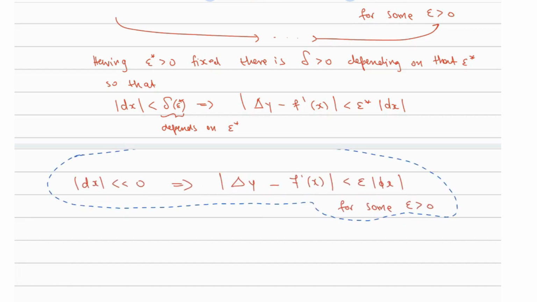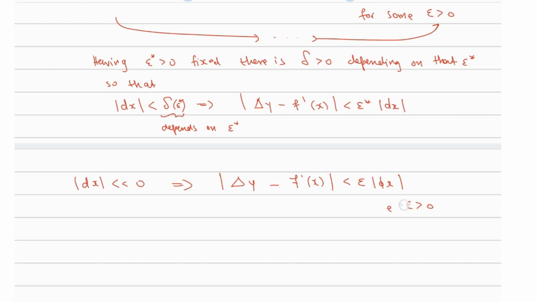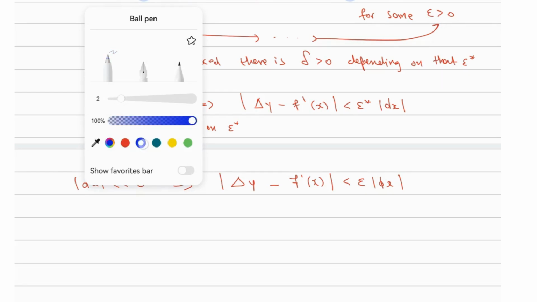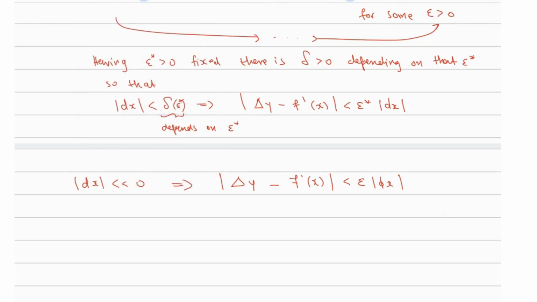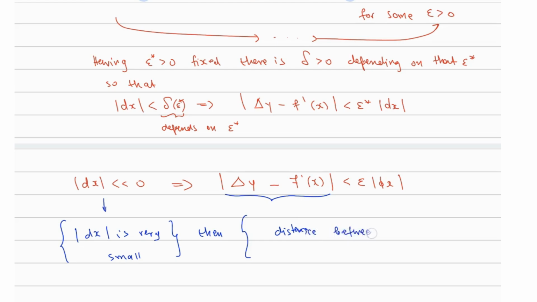When it comes to understanding, this actually means if dx is very small, then this, the absolute value of the difference, actually means the distance between delta y and f prime of x dx is very small.